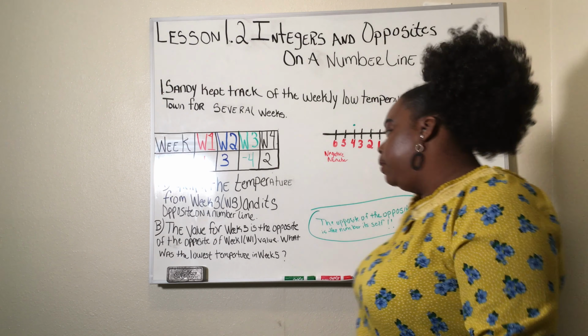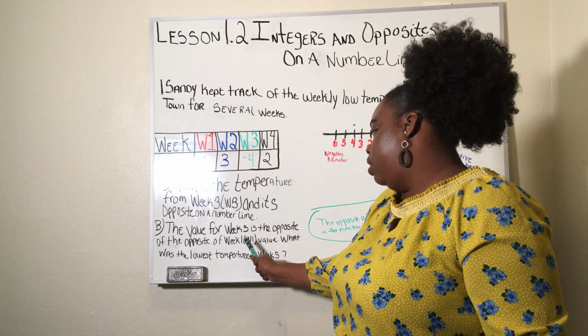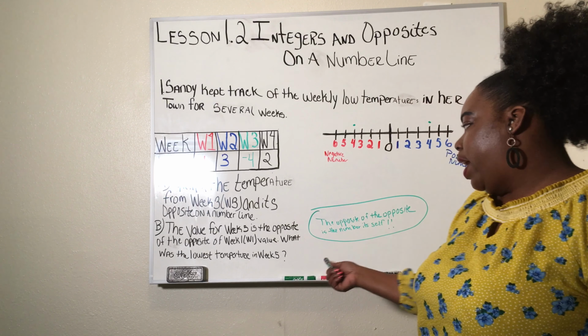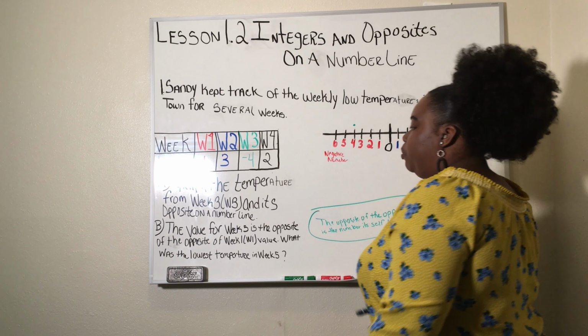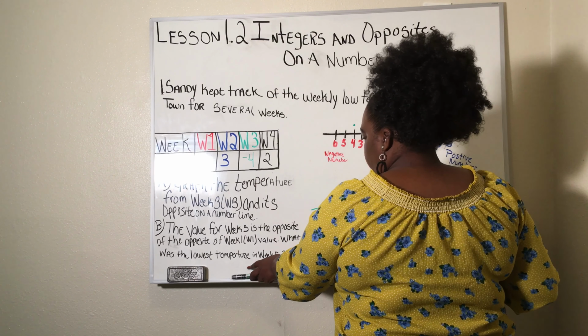So let's go back to B. The value for week 5 is the opposite of the week 1 value. What was the lowest temperature in week 5? So the week 1 temperature is -1, right?